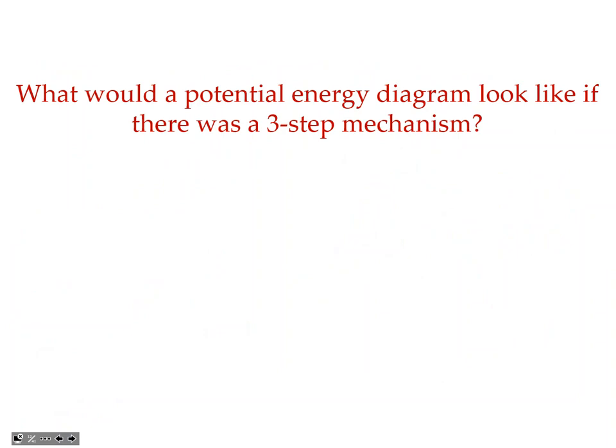So, because we just looked at a two-step mechanism and its potential energy diagram, what would a potential energy diagram look like if there was a three-step mechanism? What would you see there? What would the graph look like if it had three steps in the mechanism instead of two? Three hills, exactly.